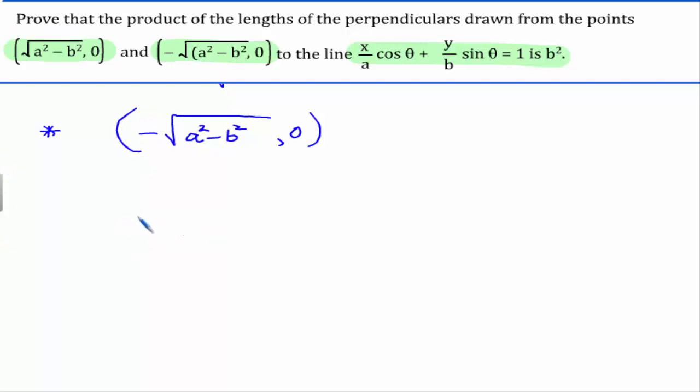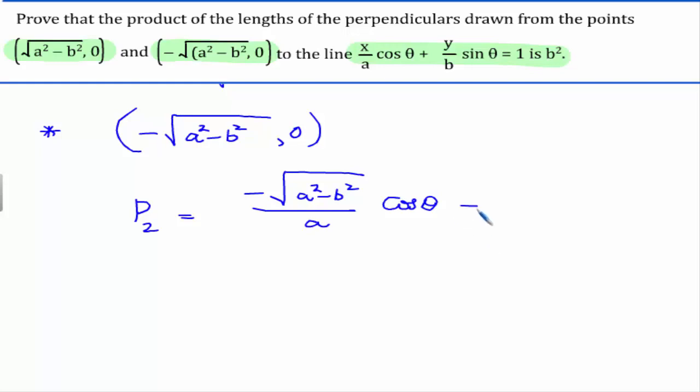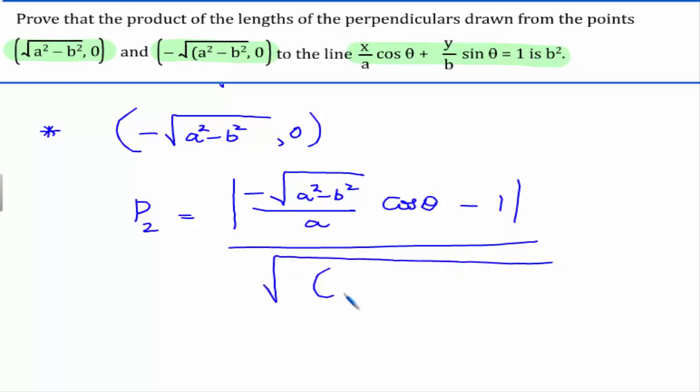So the distance this time, let us call it as P2, which is minus square root of a square minus b square by a cos theta, and y value will be 0 here, and c will be minus 1, by square root of (cos theta by a) whole square plus (sin theta by b) whole square.